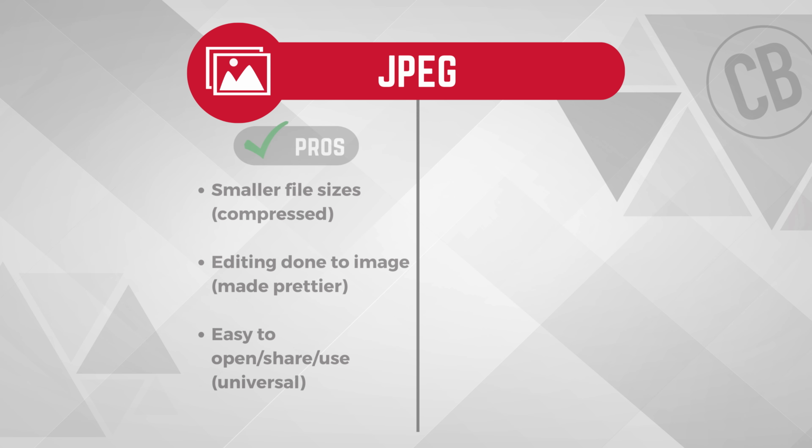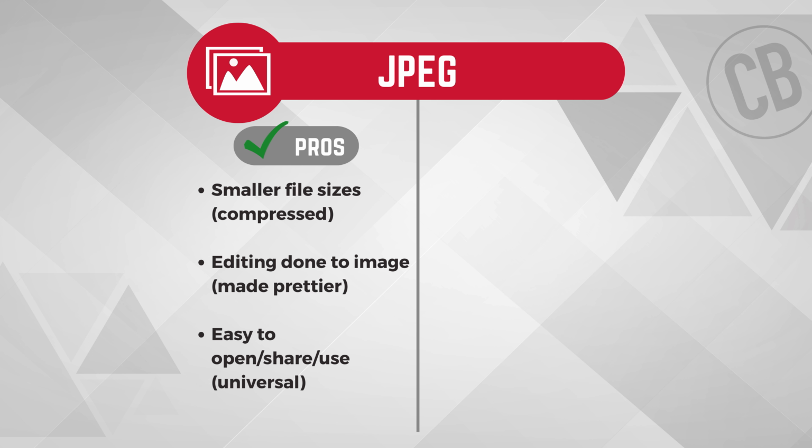Some of the pros of JPEG image files are that they are smaller because they're compressed, which means they don't take up as much space. Your computer, your hard drives, they're not going to get full as fast. They're easier to send, that type of thing, because they have smaller file sizes. And the editing is done to the image for you, they're made a little bit prettier.